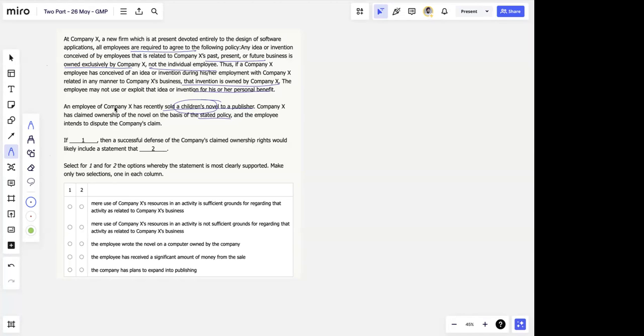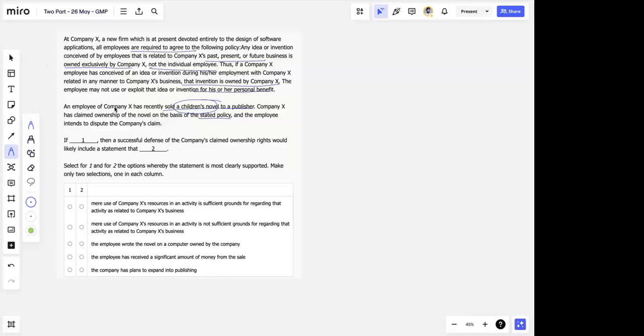Now, the main confusion I got was while reading this statement: if one, then a successful defense of the company's claimed ownership rights would likely include a statement that too.